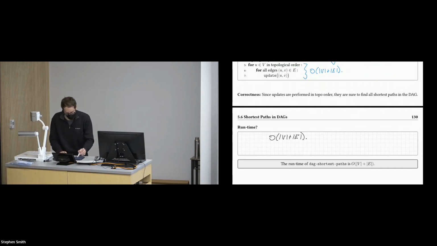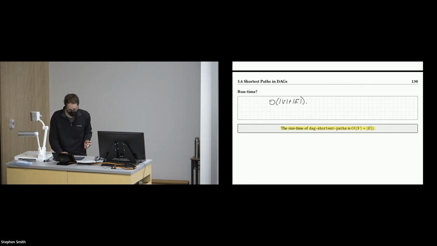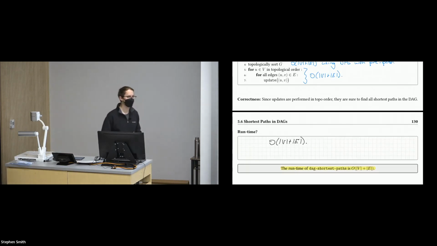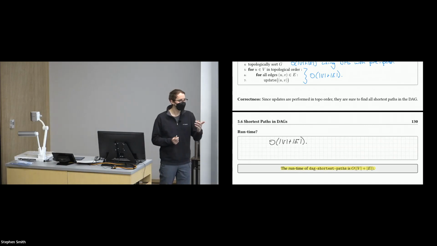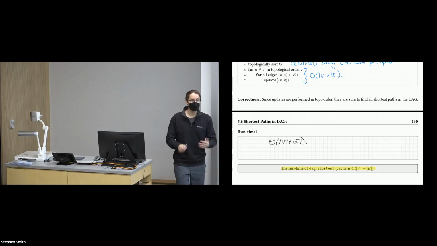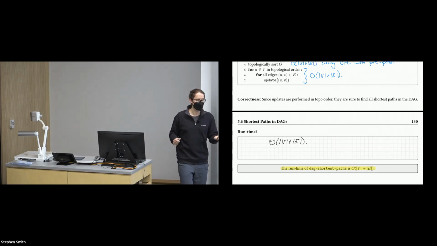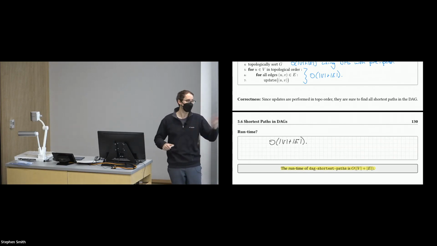Okay, and so shortest path in a directed acyclic graph can be found in big O V plus E time. Basically, because if I provide the graph as an adjacency list, it already takes up big O V plus E space. So just to read it in takes me that much time.